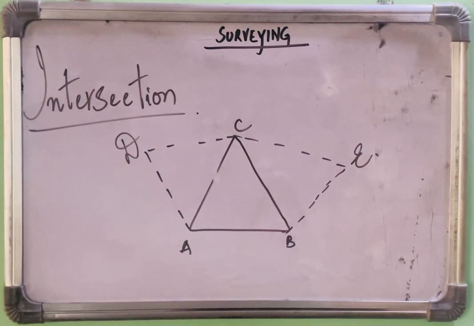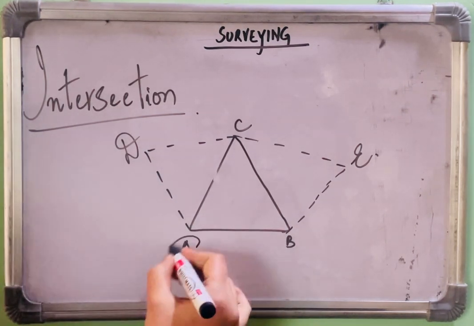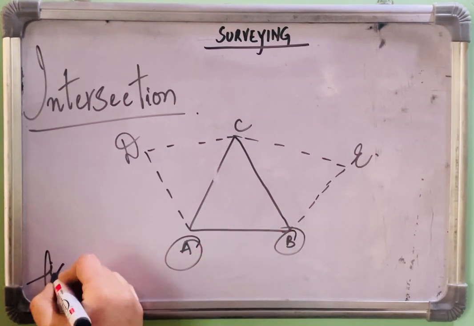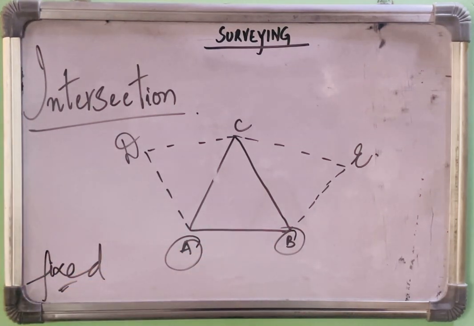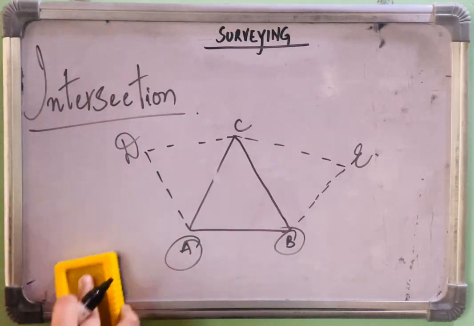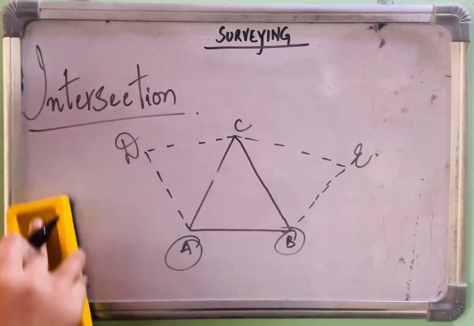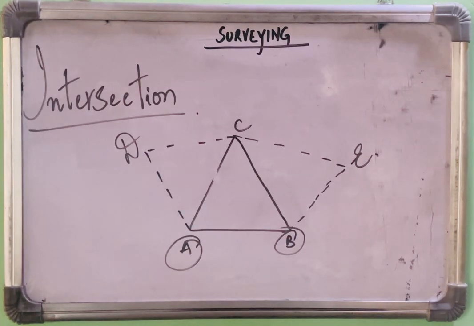Thus the positions of these points are fixed. Sometimes the positions of these 2 points are known either in the form of rectangular coordinates or in the form of points marked on a map or a plan. In turn, we have 2 divisions of intersection. First one is intersection by angles, and the second one is intersection by distances.